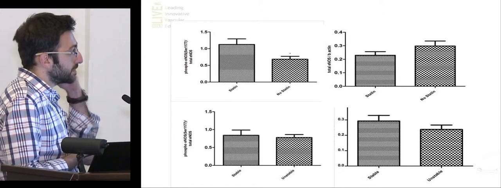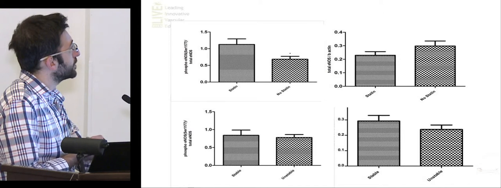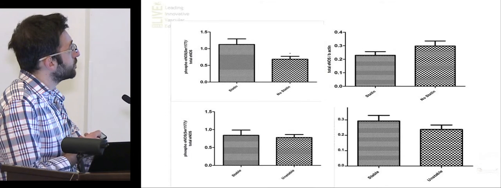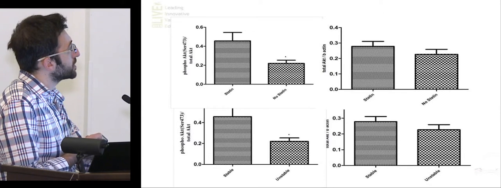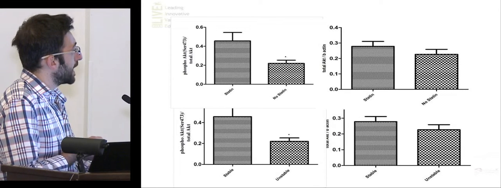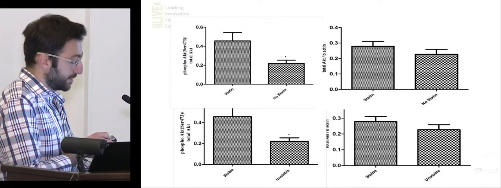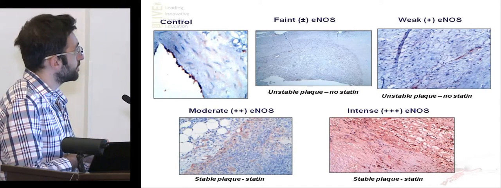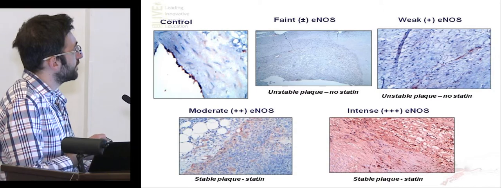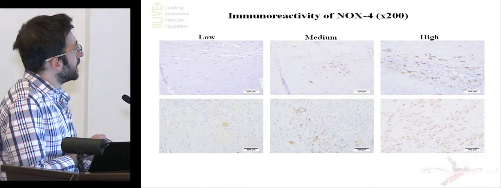Now, these are some histopathological specimens. As you can see, this is a picture of patients who had unstable plaques under no statin, and we have a faint or weak expression of endothelial NOS. And here, stable plaques under statin, we found a moderate or more intense eNOS expression. Also, the immunoreactivity of NOx4 and inducible NOS.